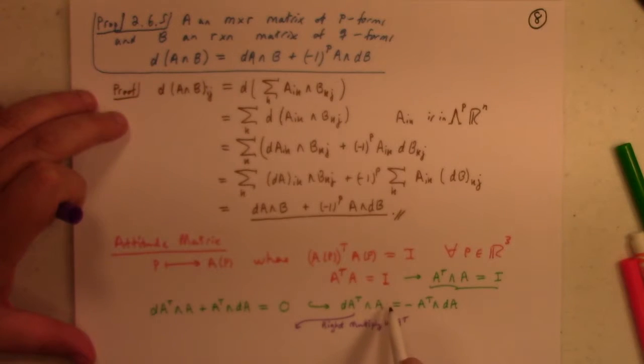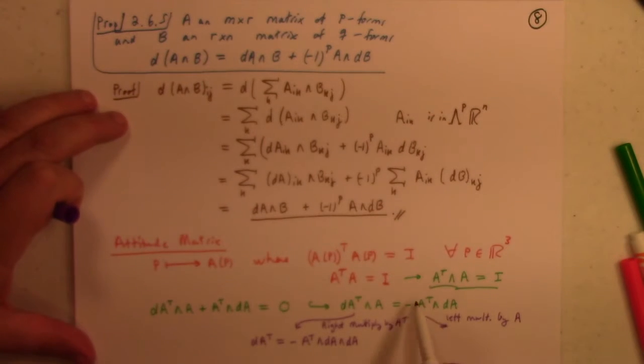If I do that, that gives me dA transpose, because I get A A transpose, which is the identity. On the other hand, if I left multiply by A, that gives me a minus identity here, so solving for dA, that gives me dA is equal to minus A wedge dA transpose wedge A.